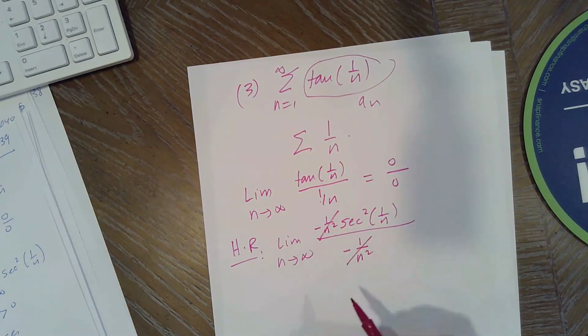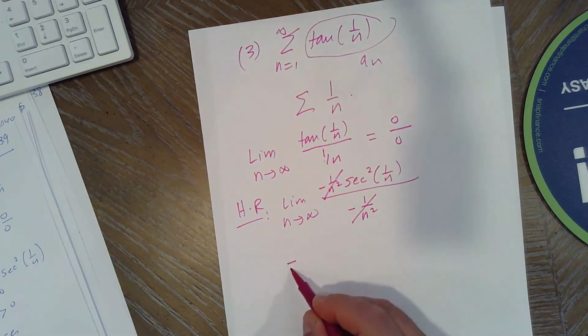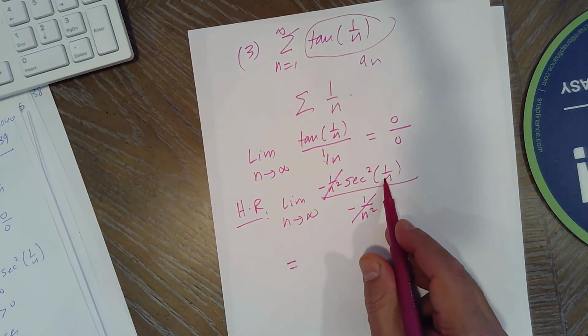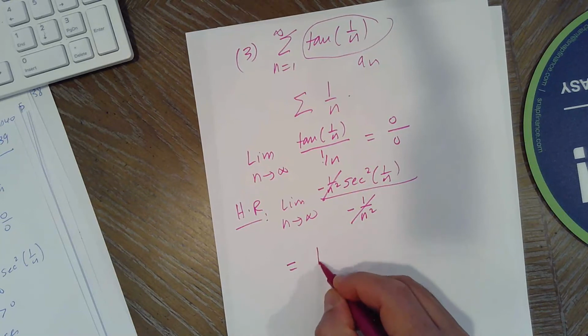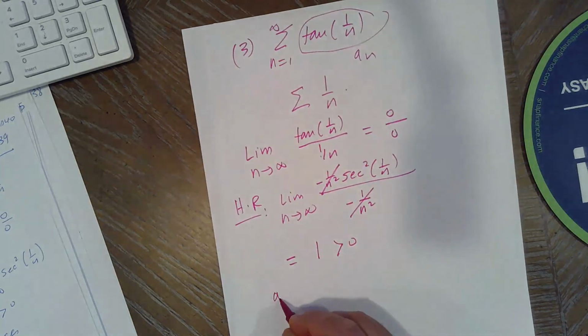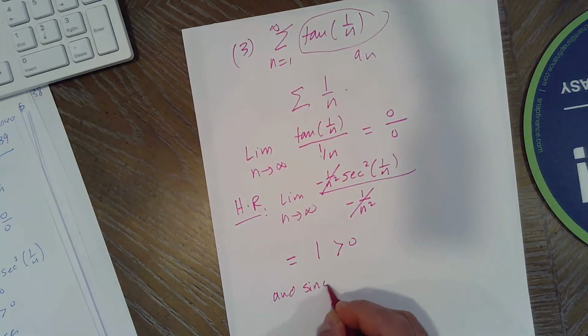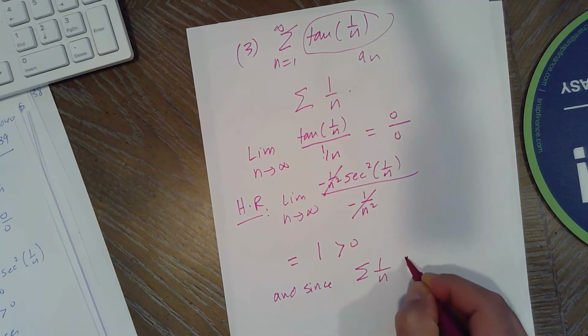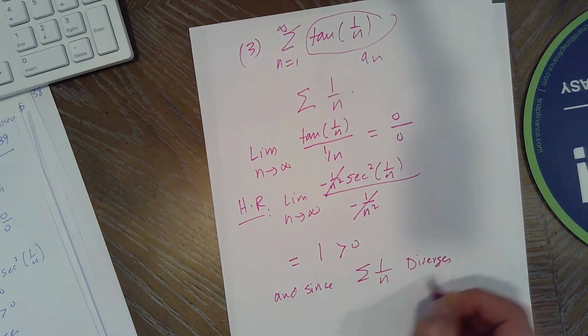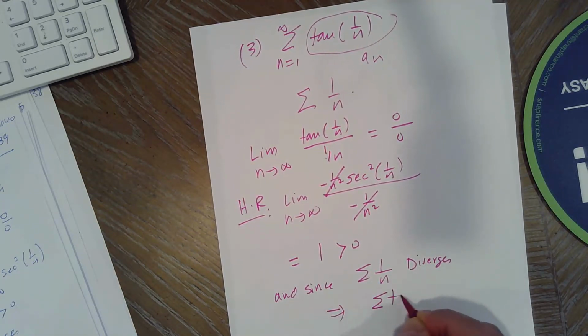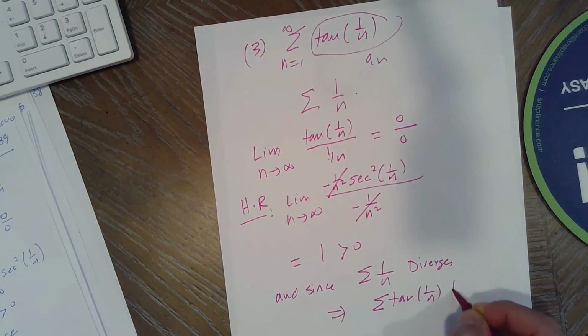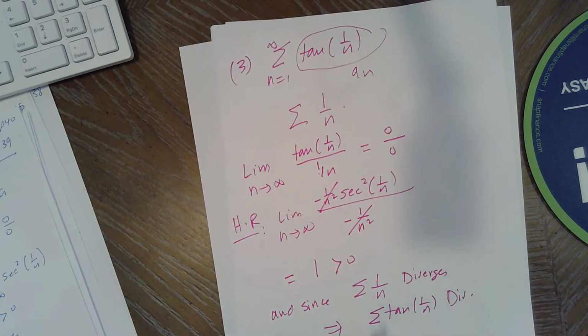That all cancels out. You get secant squared of 0, which is 1, greater than 0, and since the sum of 1 over n diverges, that means the sum of tangent of 1 over n diverges as well.